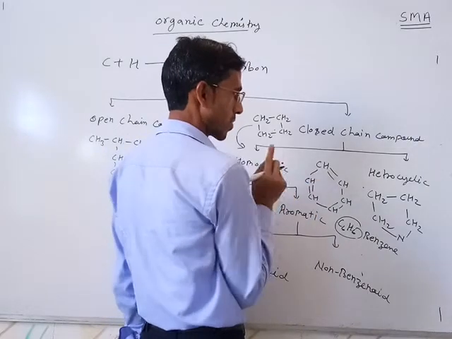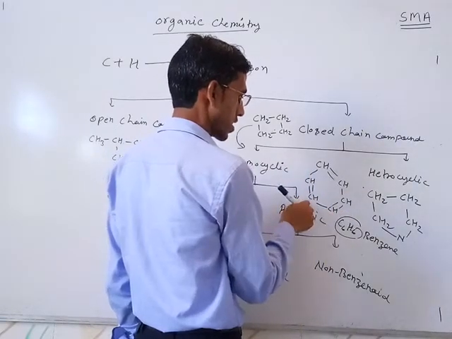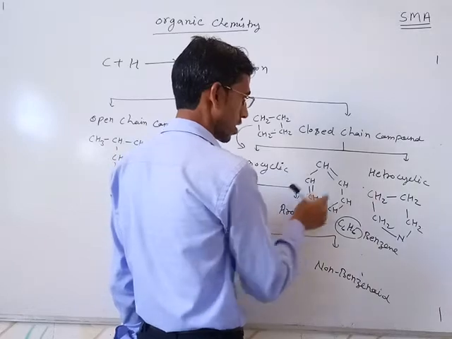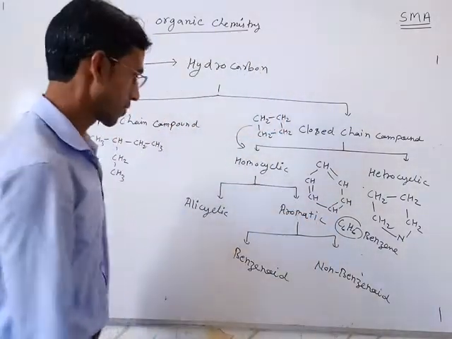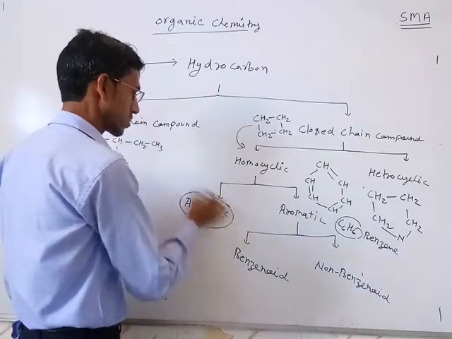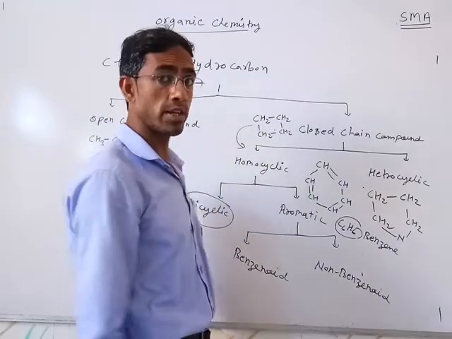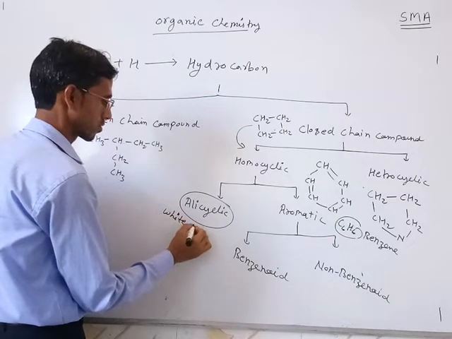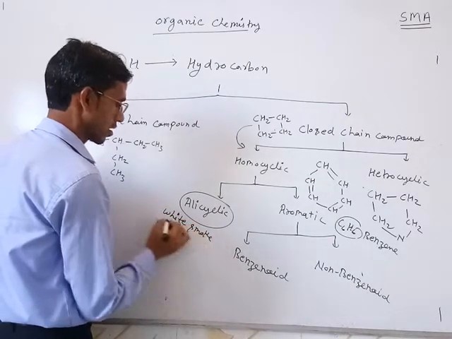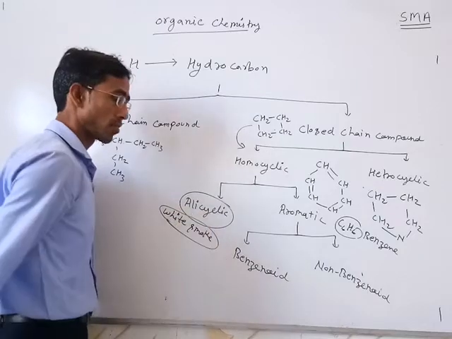Alternate double and single bonds are present and the number of carbons is 6. These compounds are known as aromatic. If we burn these compounds, they give black smoke. If any organic compound burns with white smoke, then it is known as an alicyclic compound.